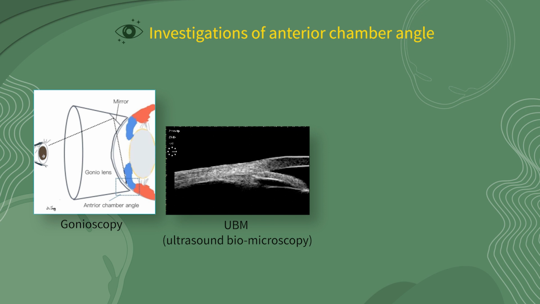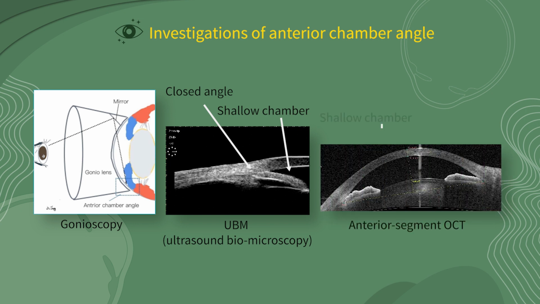UBM is used for imaging the anterior segment of the eye. It can reveal the anterior chamber angle, ciliary body, and even the lens zonule. Anterior segment OCT can also show the anterior chamber angle and part of the ciliary body, but it's difficult for us to see the lens zonule.